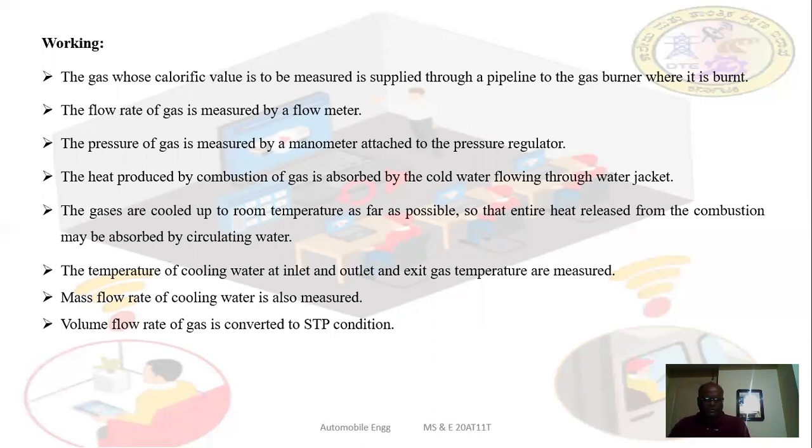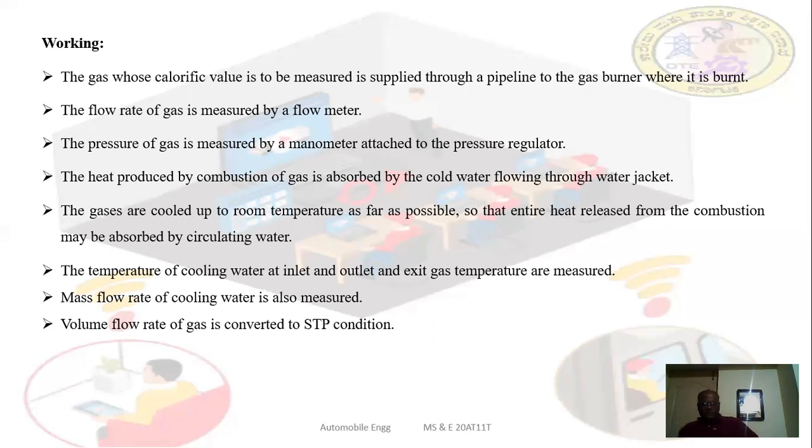The heat produced by the combustion of the gas is absorbed by the cooling water flowing through the water jacket. The gases are cooled up to room temperature as far as possible so that the entire heat released from the combustion may be absorbed by the circulating water.